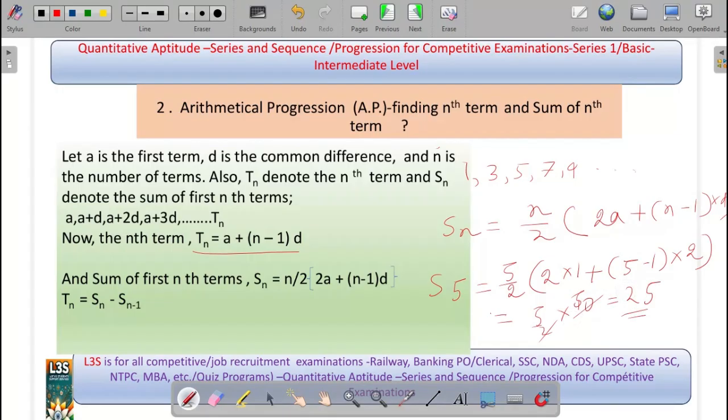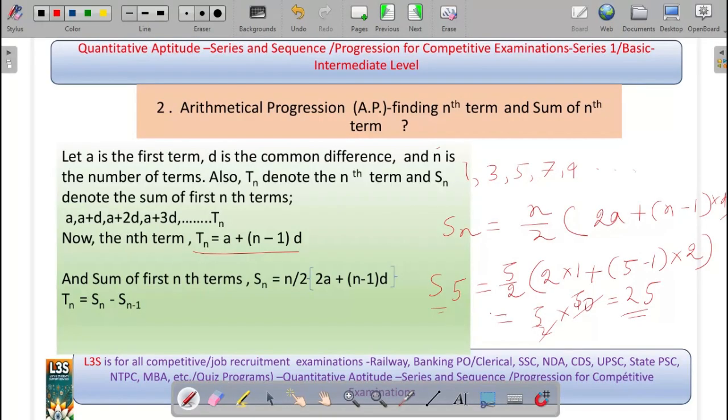How much did we get? 25 by this formula. What is the formula? Sum of the first n terms is n by 2, 2a plus n minus 1 into d. So here we found the sum of the first 5 terms, that is 25.